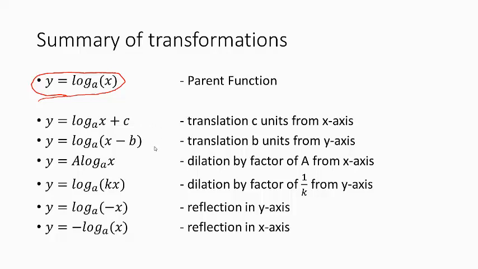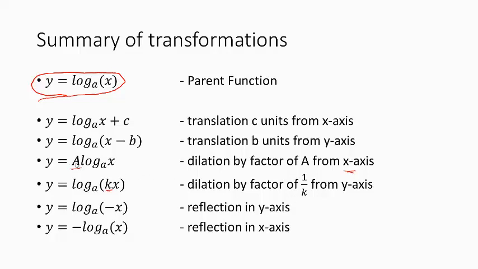If we subtract b, we translate b units from the y-axis. If we multiply by a number outside, we're changing the y value, which means a dilation from the x-axis.